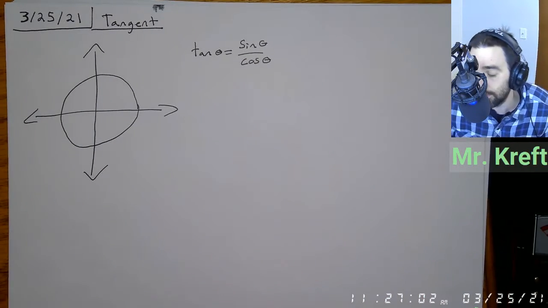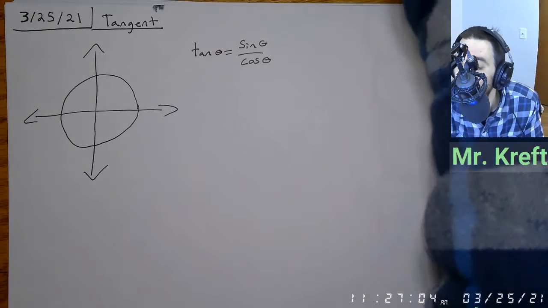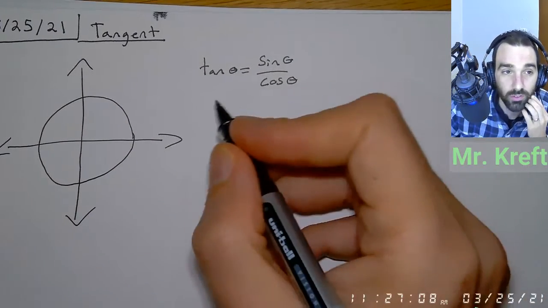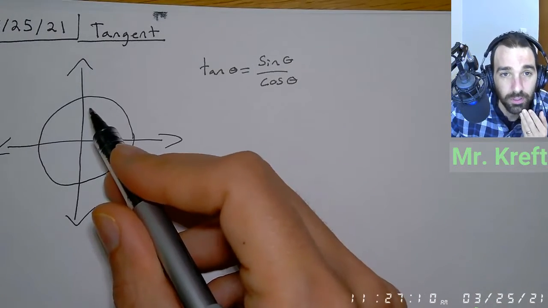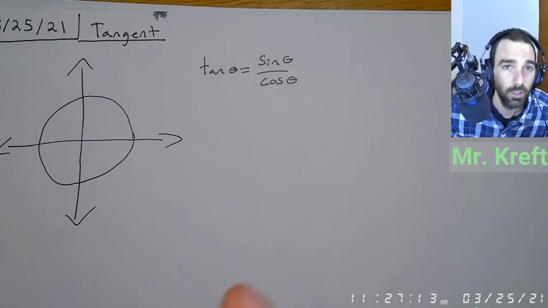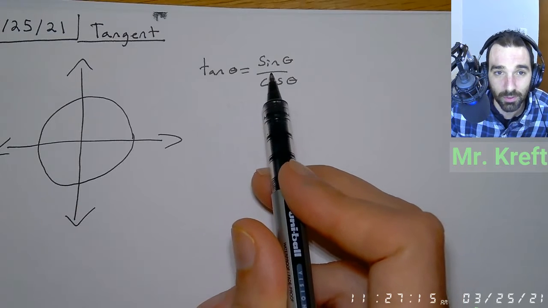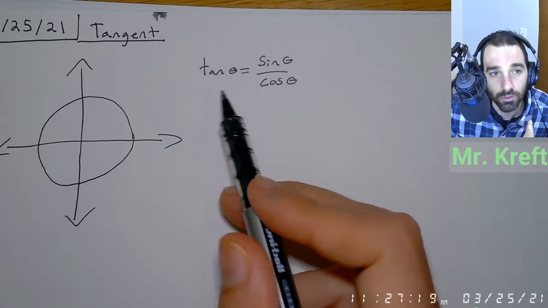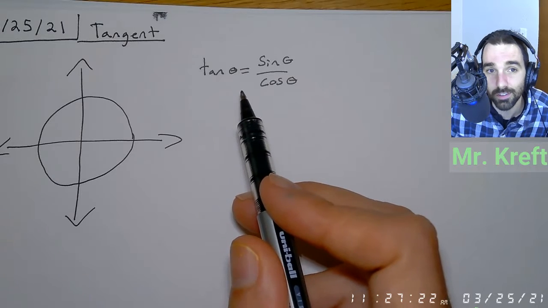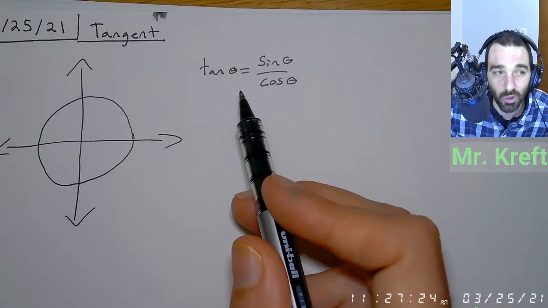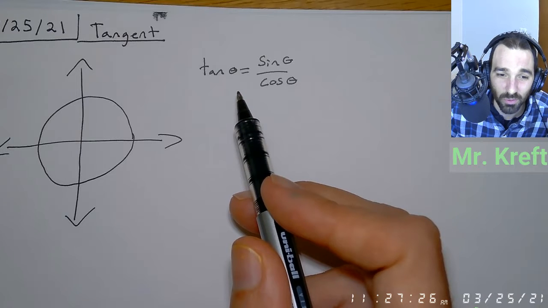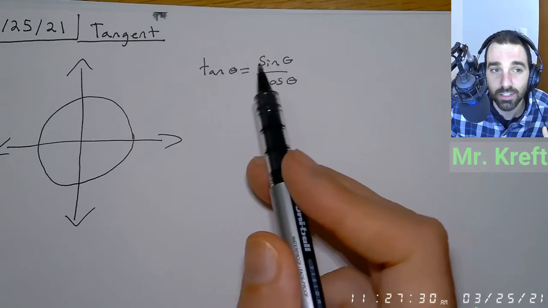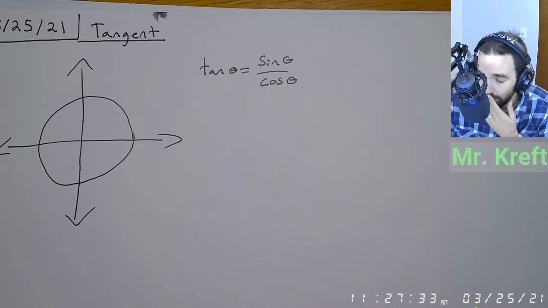Personally, since I'm not using tangent a lot, I don't memorize it, because you should have the first quadrant of sine and cosine memorized. You can always just do the sine value over the cosine value and then find tangent. Everything is online in open notes, so you can always just Google what tangent is. But in the real world, I wouldn't memorize tangent. I would always just do this.